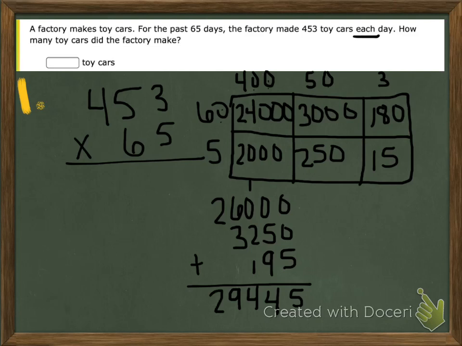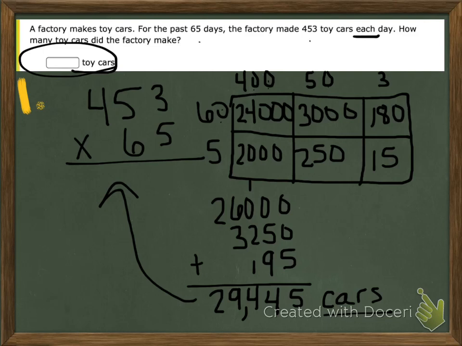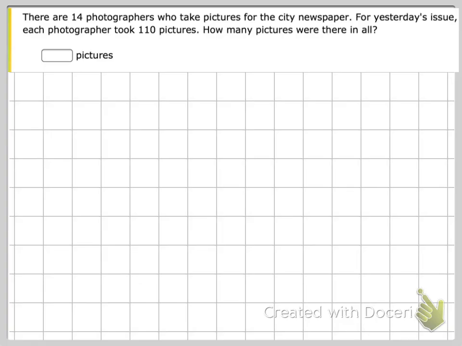So in 65 days, this factory made 29,445 cars. Make sure you have a label on it. They gave you the label here, but make sure you have a label on it. So we got 453 times 65 equals 29,445. Let's go to the next one.